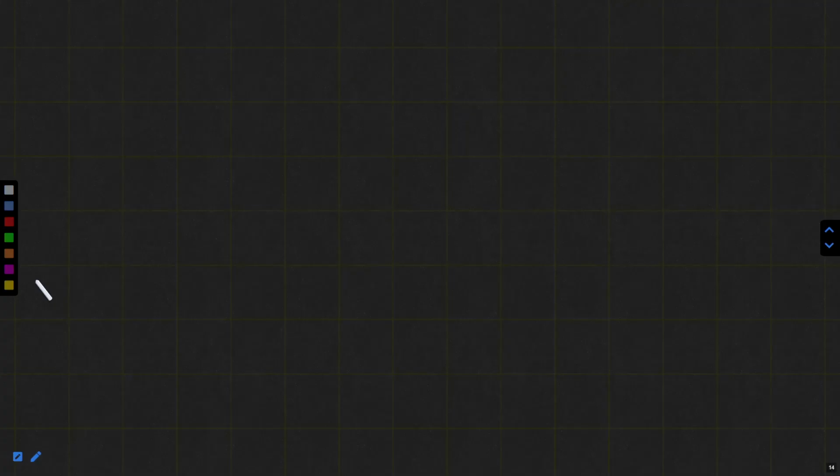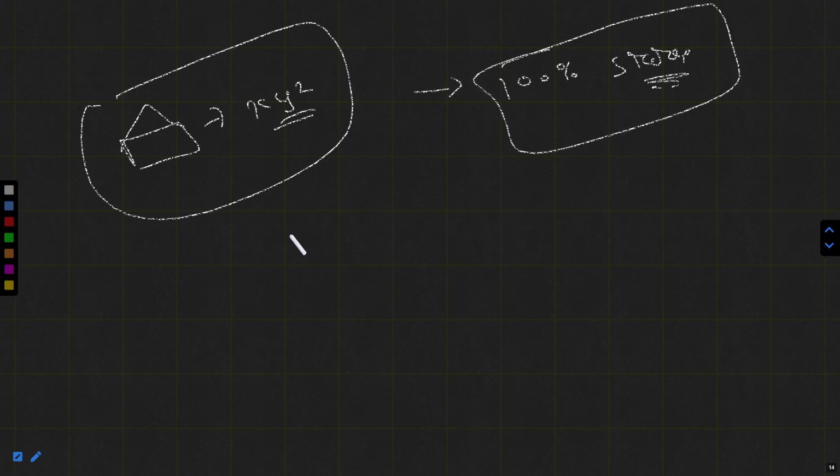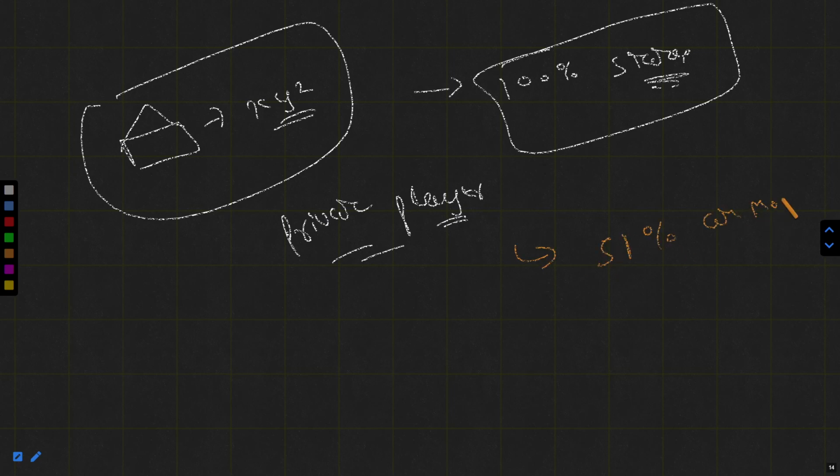It means that if there is a bank called XYZ, having 100% stakes, in such a scenario, the private player will own about 51% or more stakes. Okay, that's why the ownership lies with the private player, not with the government or any other entity. Okay, so please remember this point.